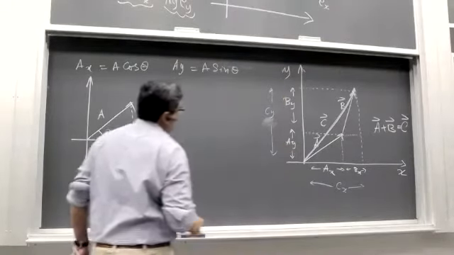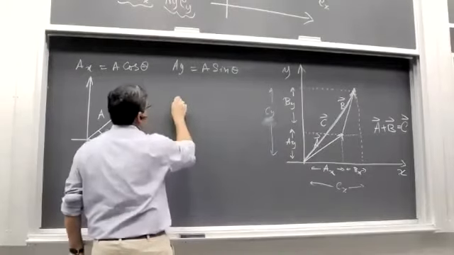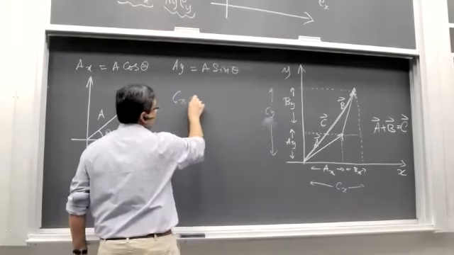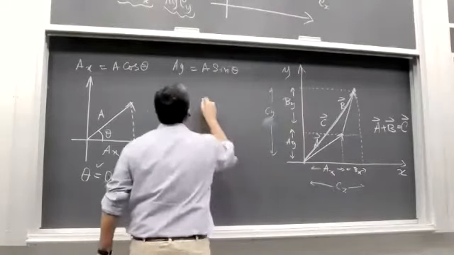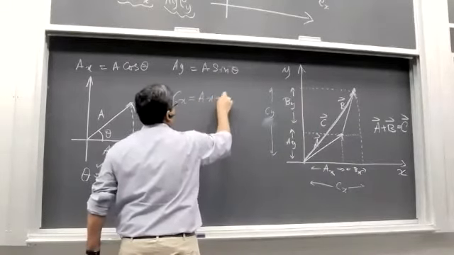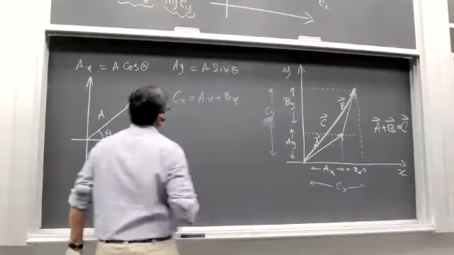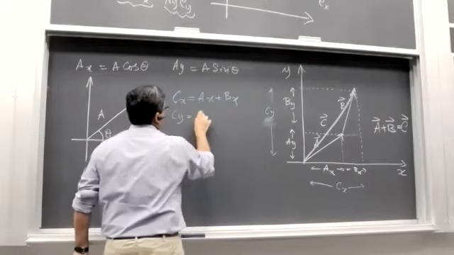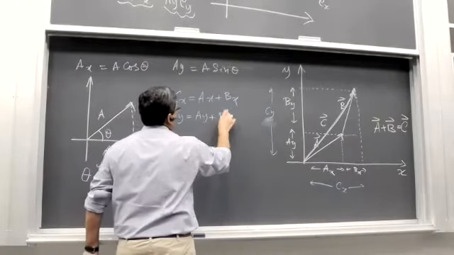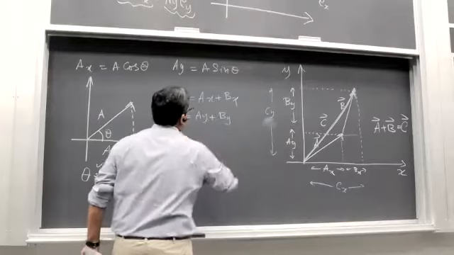So what does that mean? It means Cx is equal to Ax plus Bx, and Cy is equal to Ay plus By.